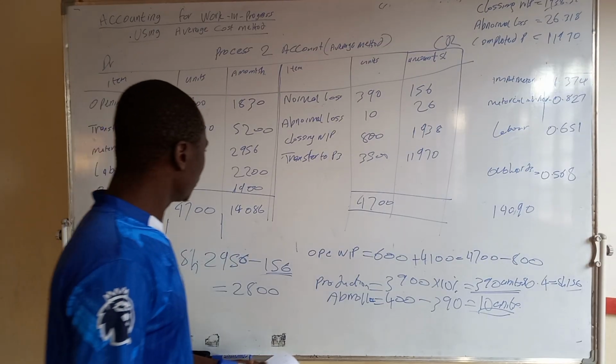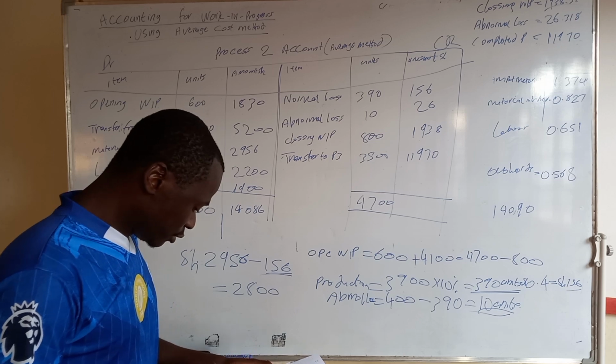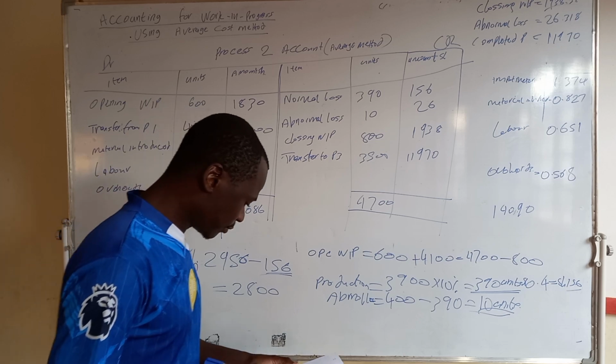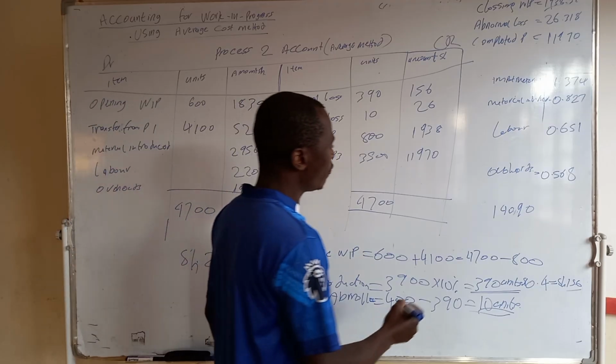But here we have 14,086, so we have a difference of 4.